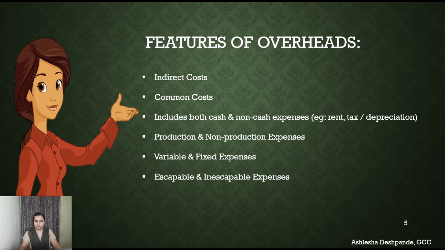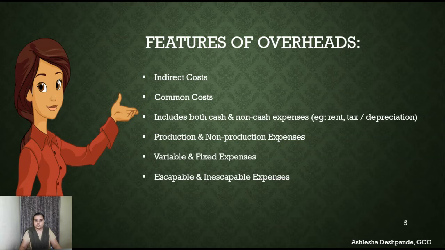Now, under overheads, under the umbrella concept of overheads, there are certain subtypes of costs that are also included. First one being cash and non-cash expenses. Both of them can be termed as overheads. What are cash expenses? You all know. Cash is actually exchanged in order to get certain benefits. For example, rent. Rent is paid to use the space. Correct? What are non-cash expenses? There are a bunch of examples. Common one being depreciation.